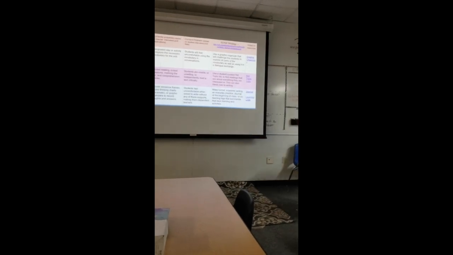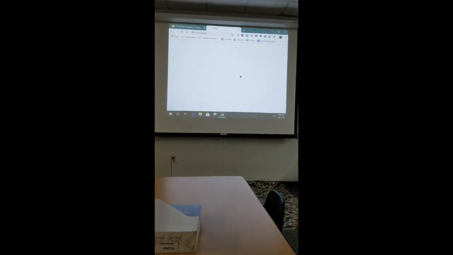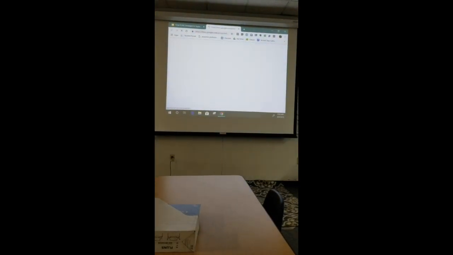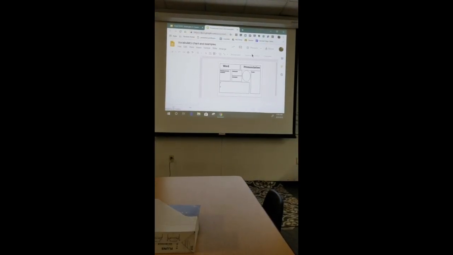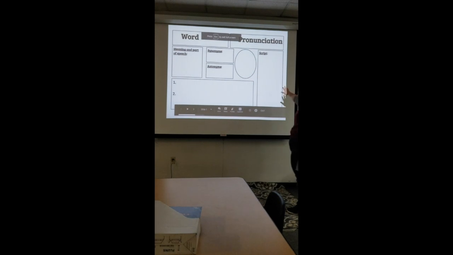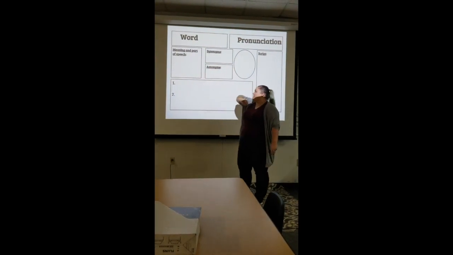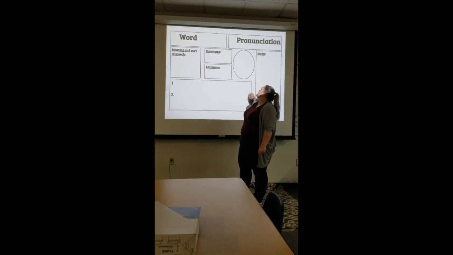So if we quickly look at the example that I have linked, the graphic organizer that we're looking at is one in which students are actually creating a script. They're looking at the synonyms and the antonyms and the meaning and the part of speech. They're creating sentences.